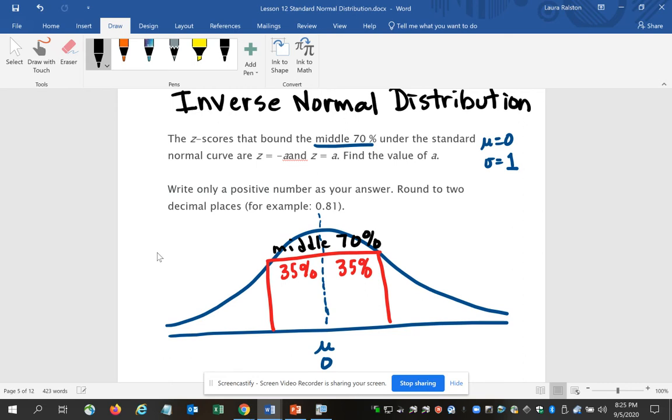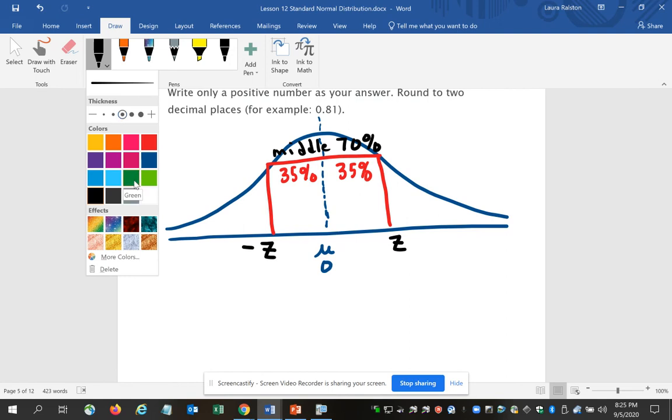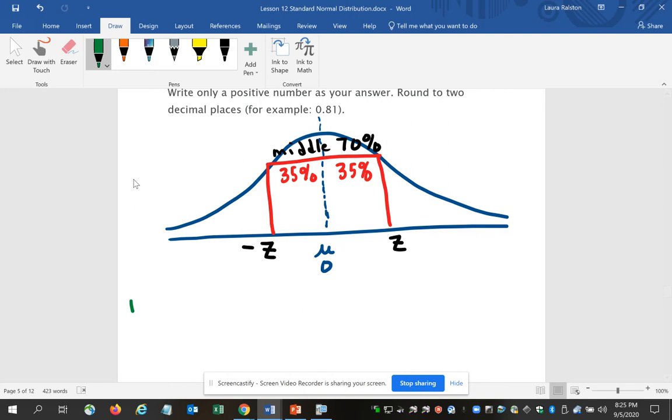And it tells me that I should have a value for z that's negative and a value for z that is positive. Now they're calling it a. Again, we could do some work on a table and all that kind of stuff, but we have a calculator command that will do it for us. It is the command inverse norm.